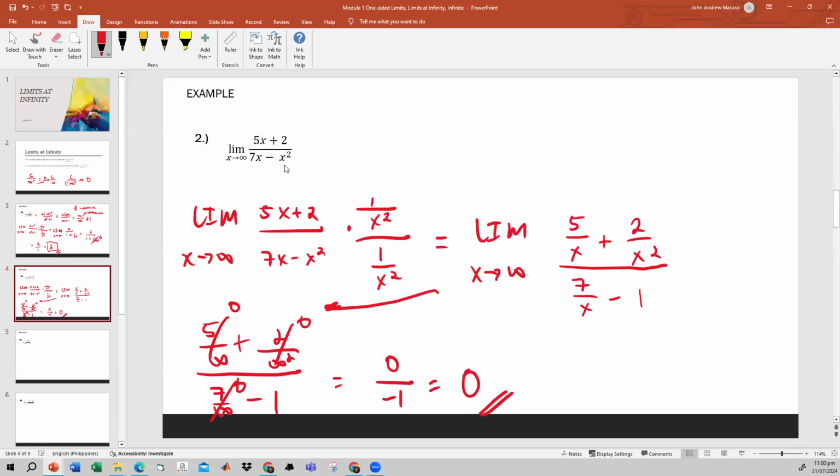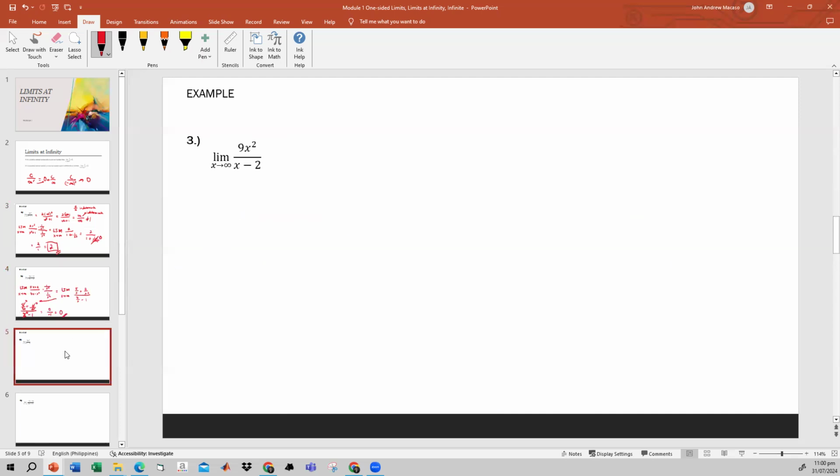Same goes if the highest degree is on the denominator, so you will do this approach as well. But in this case, wherein the highest degree is located on the numerator, we will have some changes on how we solve this.